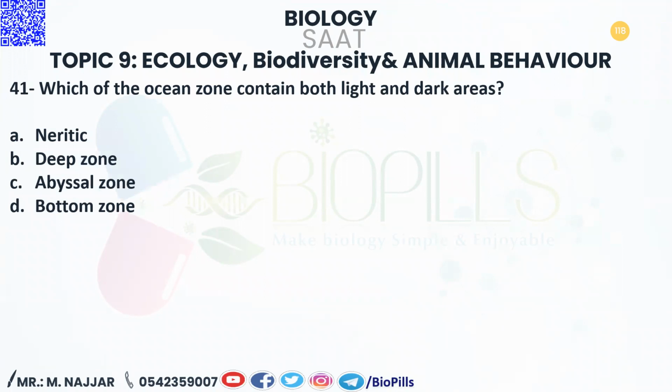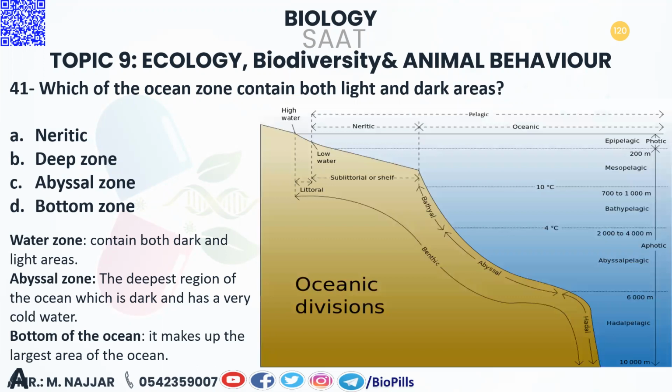Perfect. Question number 41. Which of the ocean zones contains both light and dark areas? A, neritic, B, deep zone, C, abyssal zone, D, bottom zone. Of course, the correct answer is the neritic. What is the reason then? Here is the neritic zone.